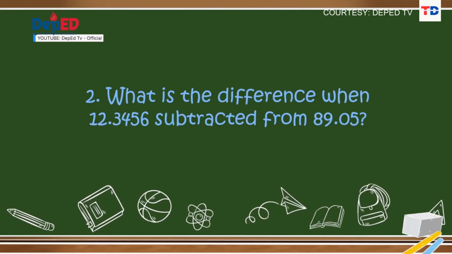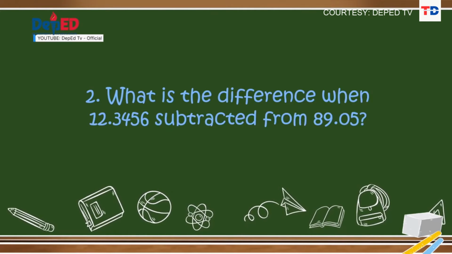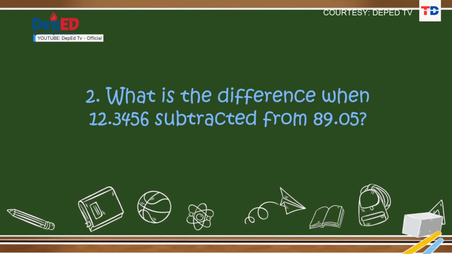Number 2. What is the difference when 12 and 3,456 ten-thousandths is subtracted from 89 and 500ths?